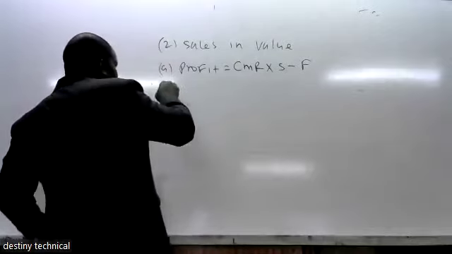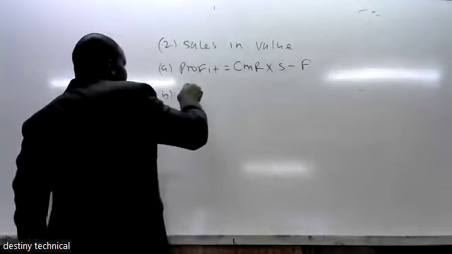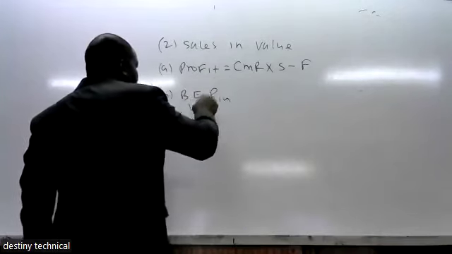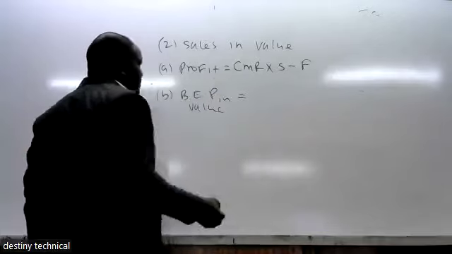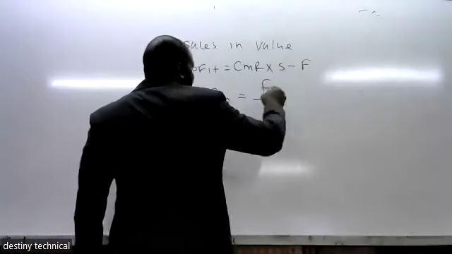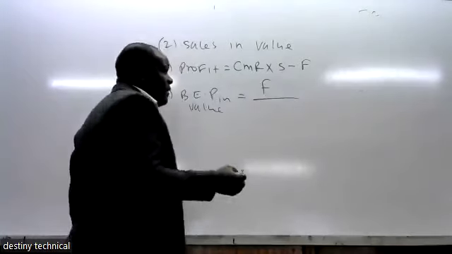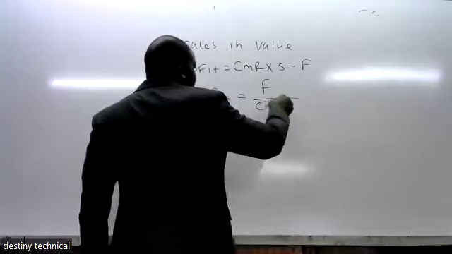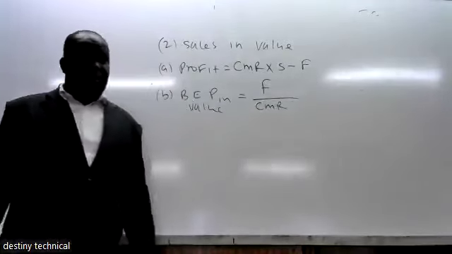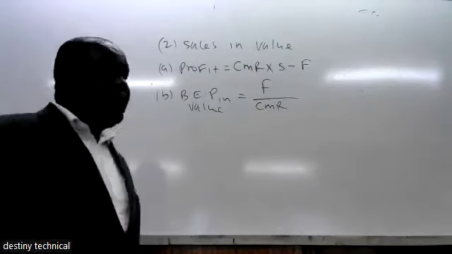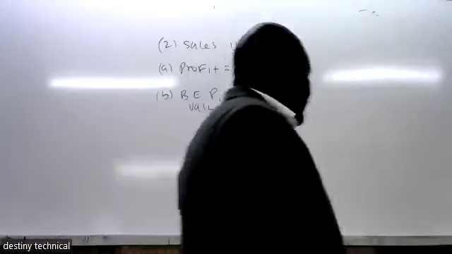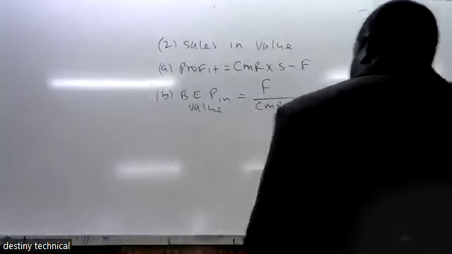Then when you want to calculate the break-even point in value, it will be the fixed cost divided by the contribution margin ratio.